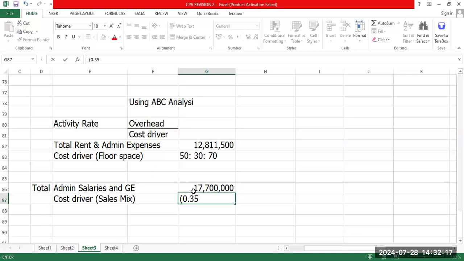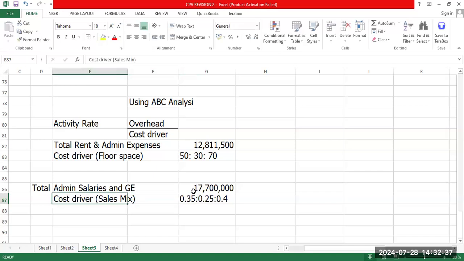If you check in your book. Yes. 0.35. Then the next one was 0.25. Then 0.4. So that was our sales mix.